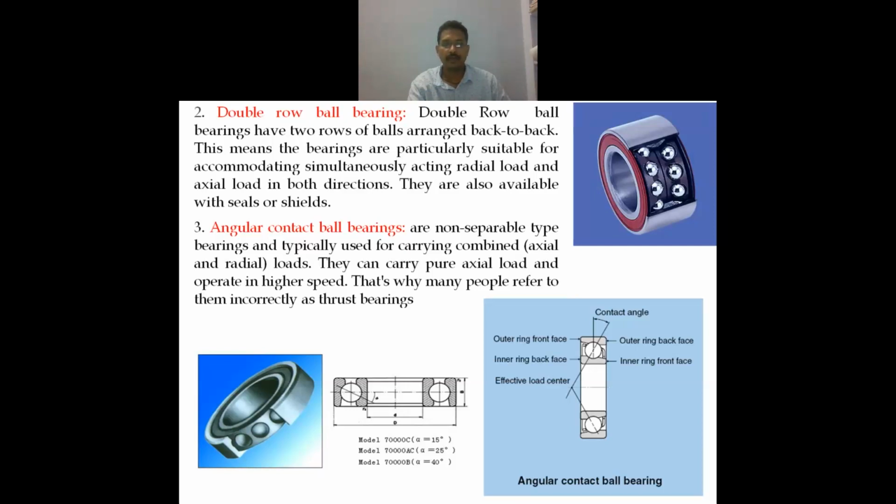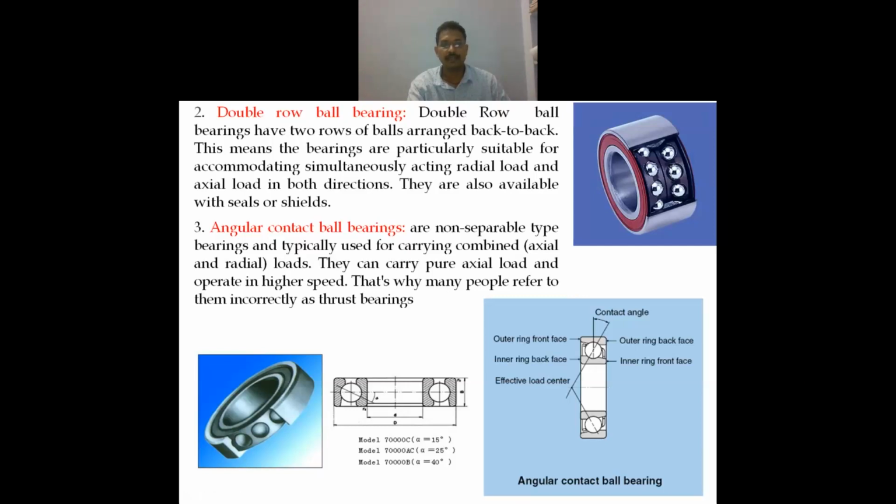Now angular contact ball bearings are non-separable type bearings typically used for carrying combined loads, that is axial and radial load. They can carry pure axial load and operate at higher speed. That's why many people refer to them incorrectly as thrust bearings.